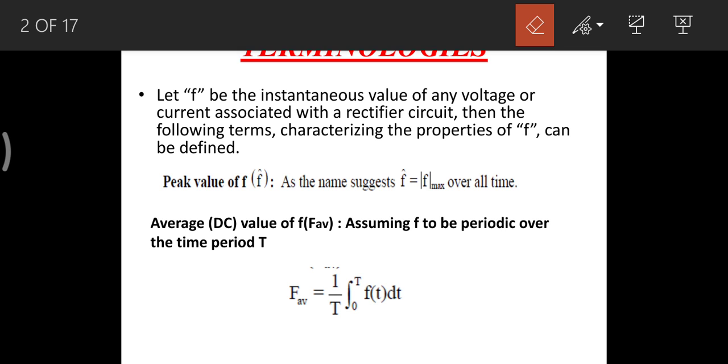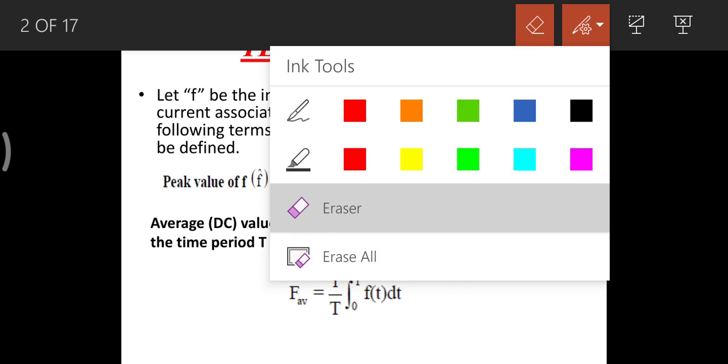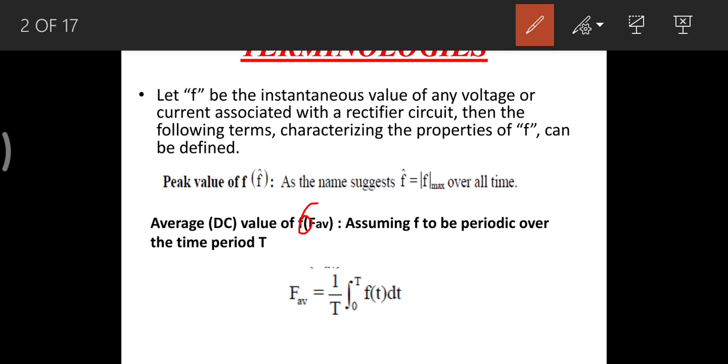Generally this average value is expressed as f average is equal to 1 by T integral 0 to T f of t into dt, where T is the time period of the given function.